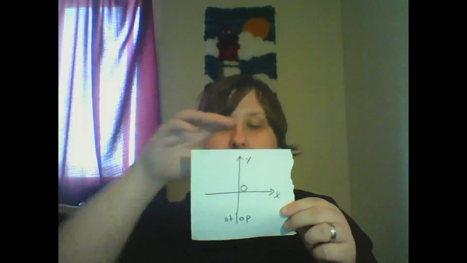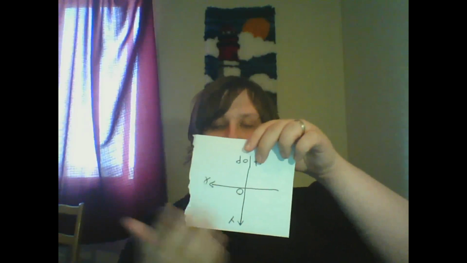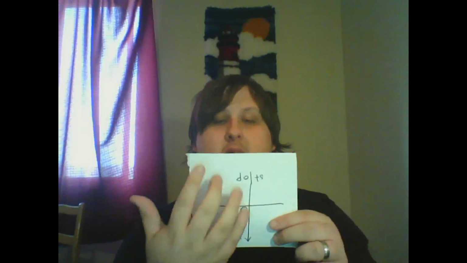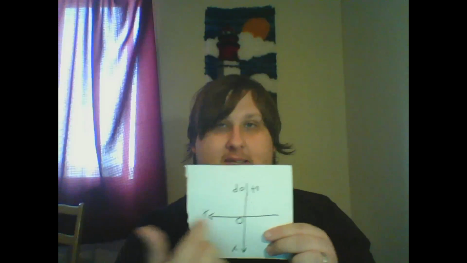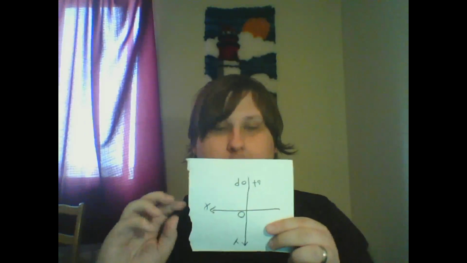So rotate about the origin 180 degrees. The X and the Y have come along with us, but now we know what it looks like once we've rotated. The x-axis is still just along here, so we want to reflect it in the x-axis, so that's just going to fall down like that.